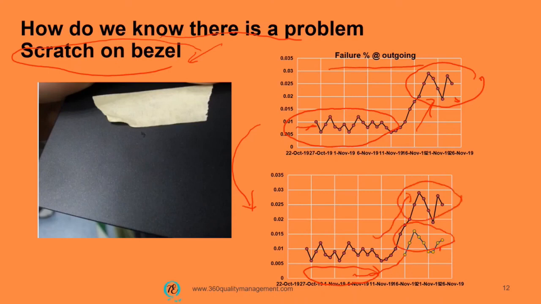With this data shown to the suppliers, that during incoming inspection the scratch on the bezel was already found, they agree that this is indeed their outgoing problem and they will come in and resolve the problem and also look at their manufacturing line to see if there is some kind of miss at their site.